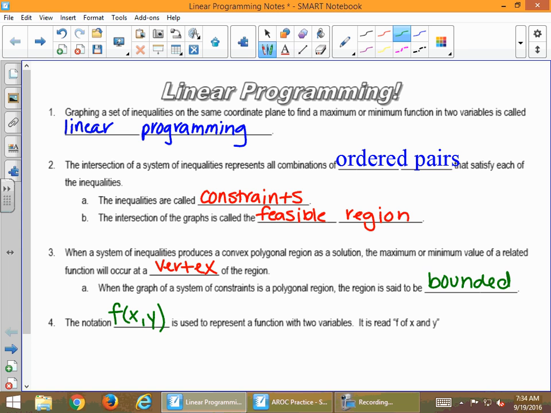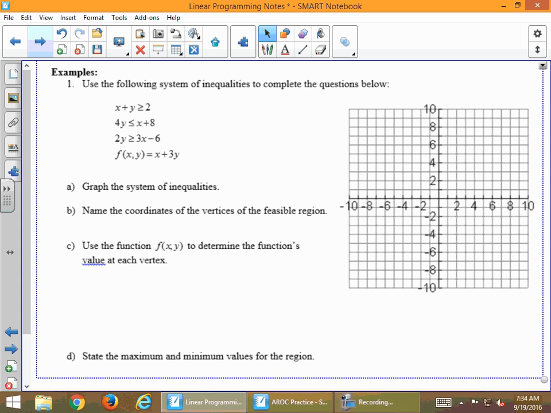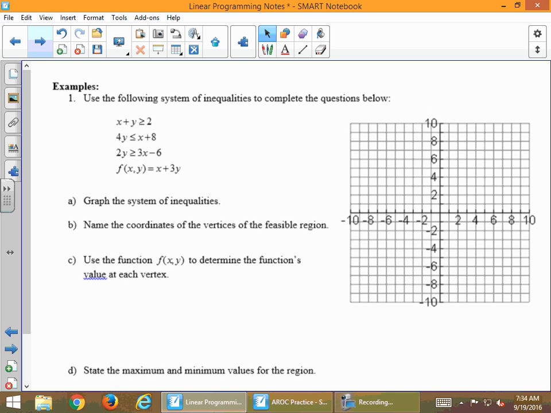Okay. So let's look at our first one. Our first step is to just graph these inequalities. Okay? And just like graphing a normal line, it needs to be in a similar form. It's a little different because it's not an equal sign, but y needs to be by itself.